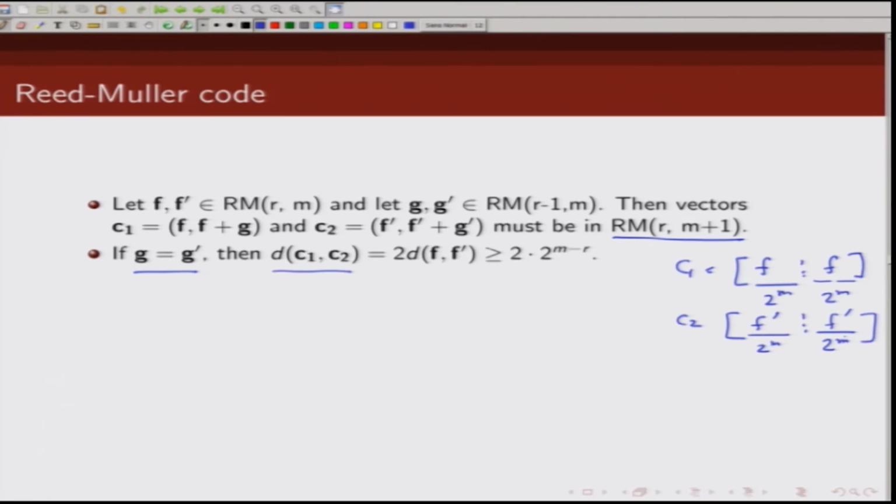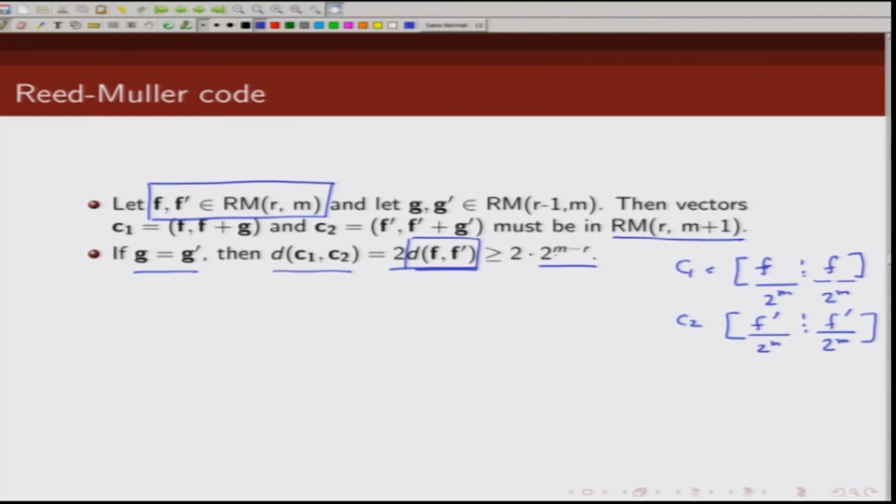So, what is the minimum distance between these codes? It is the minimum distance between f and f' plus the minimum distance between f and f'. So, that is what we are writing here. If g is equal to g', the minimum distance between C1 and C2 is 2 times the minimum distance between f and f'. And what is the minimum distance between f and f'? f and f' belong to the Reed-Muller code of order r and length 2^m, so their minimum distance should be 2^(m-r).